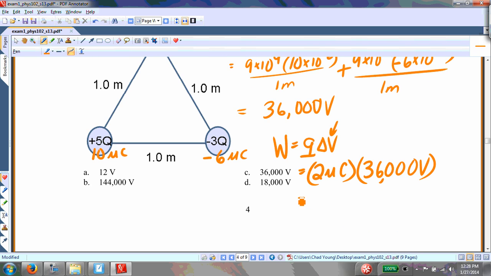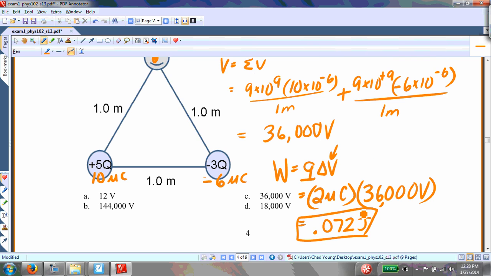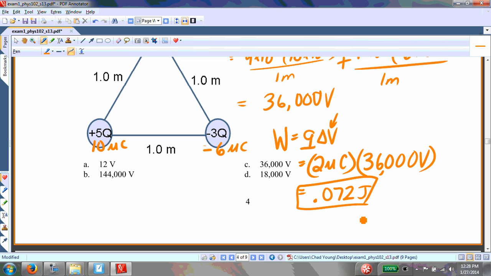That's 2 times 10 to the minus 6, times 36,000. That's 72,000 times 10 to the minus 6, which is 0.072 joules. So that's the amount of work required to bring that charge and place it at that topmost place.